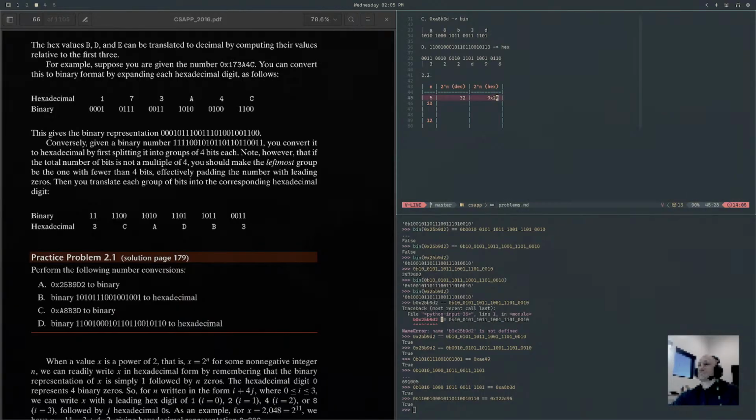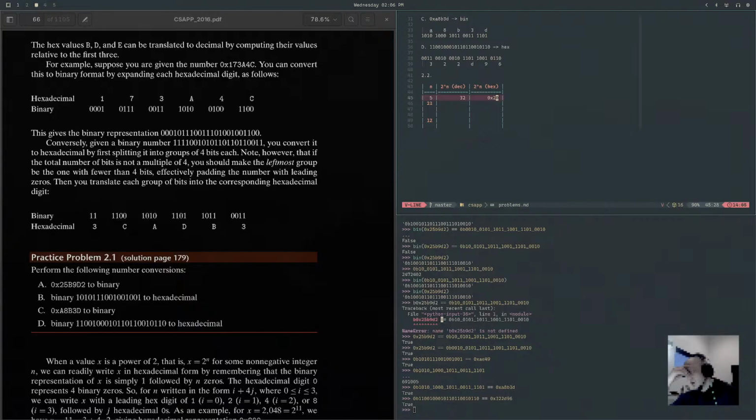So n is 5, which is 2 to the power n will be 32. 2 to the power n, and hex will be, so we have 32 divided by 4 how many times?